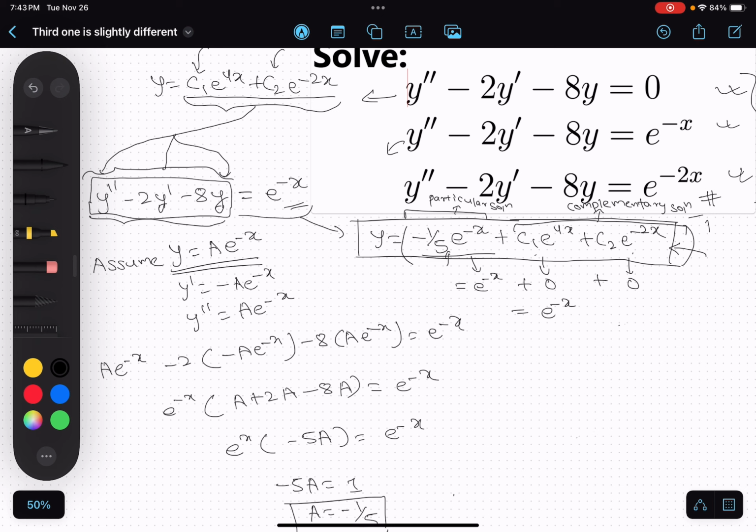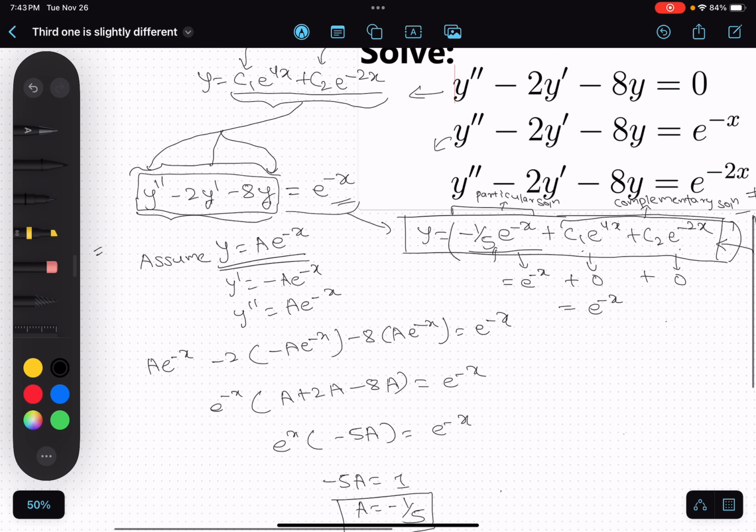So whenever we need to find some particular solution, please don't forget that you can add the complementary solution too, because the complementary solution will just go to 0 when you apply this differential equation. So that won't hamper your solution.